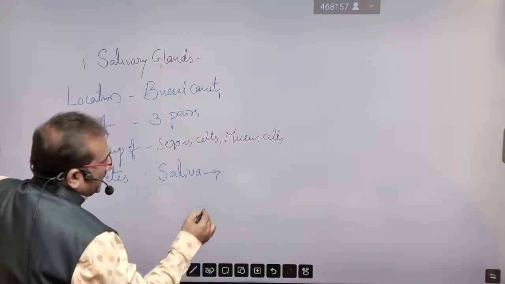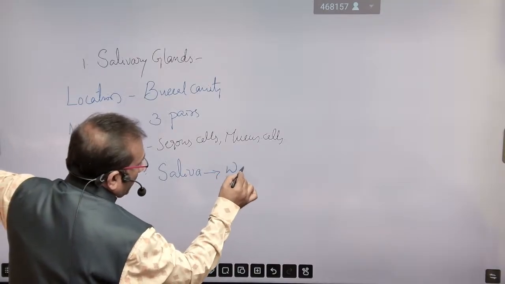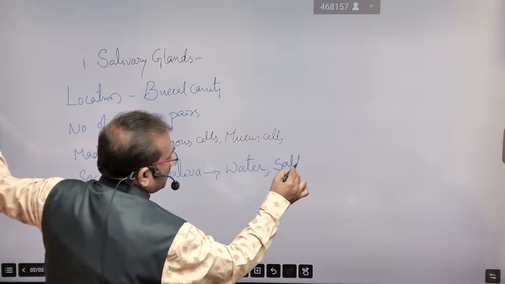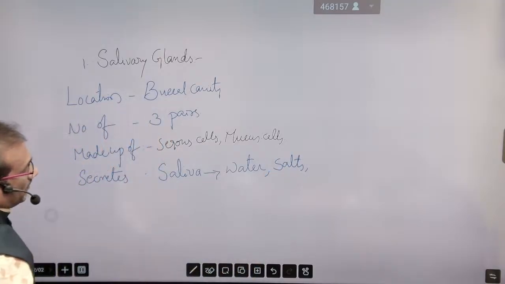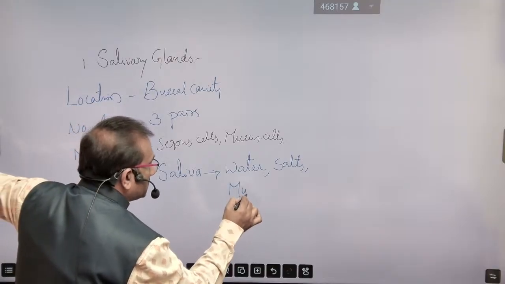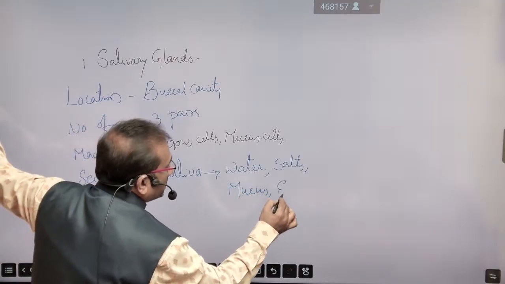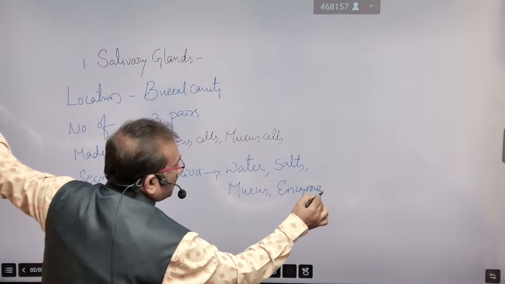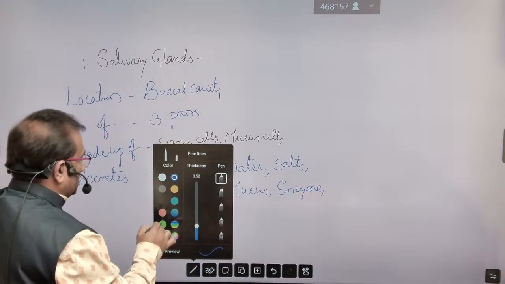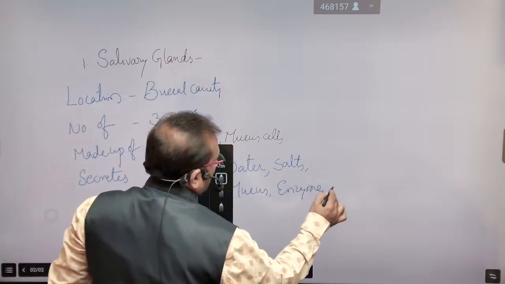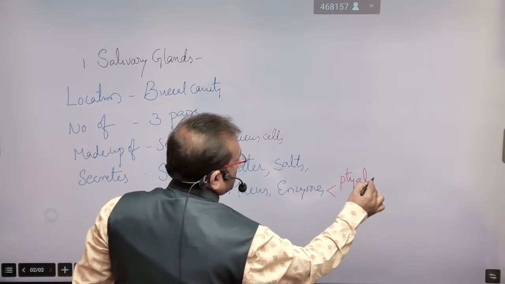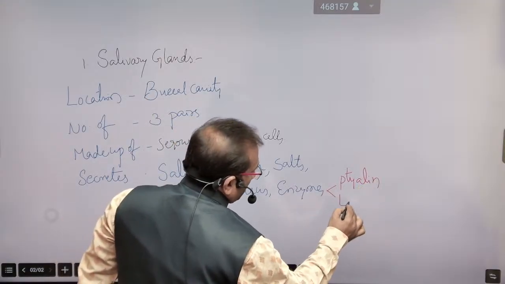Saliva contains especially water, a large amount of water, some salts, some mucus and enzymes. Enzymes are also present in the saliva. What are those enzymes? The enzymes present in the saliva are of two types. One is ptyalin. The second one is lysozyme.